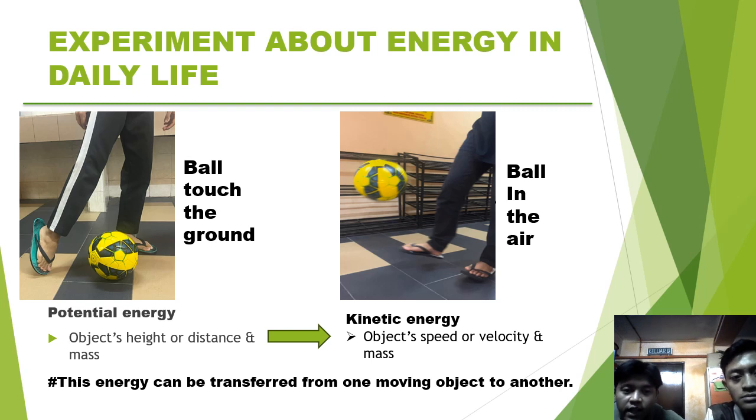So this is the experiment about energy in our daily life. When the ball is at its height, it has potential energy, which depends on the object's height and mass. Then it becomes kinetic energy when the ball is in the air, which depends on the object's speed or velocity and mass. This energy can be transferred from one moving object to another object.